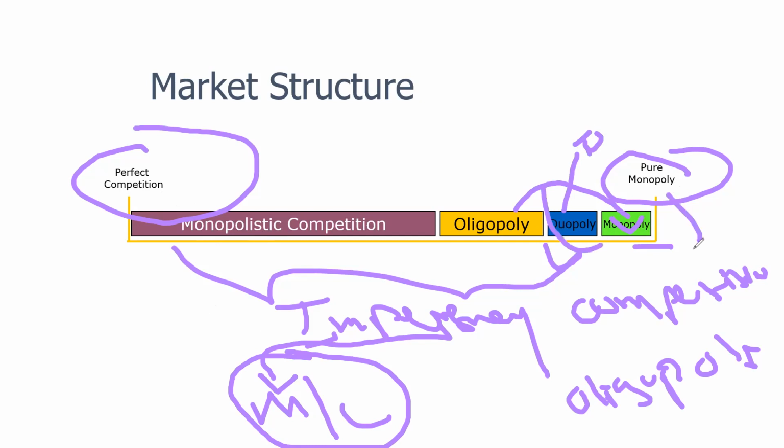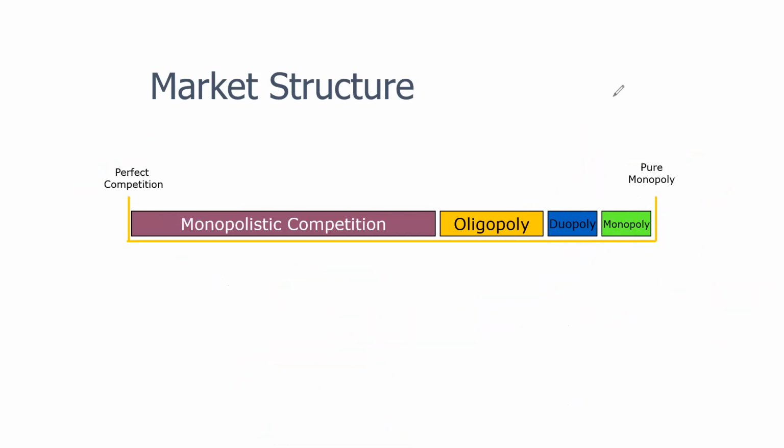So both are considered under the monopoly. Therefore, under the oligopoly market structure, we can identify most of the monopoly market characteristics.